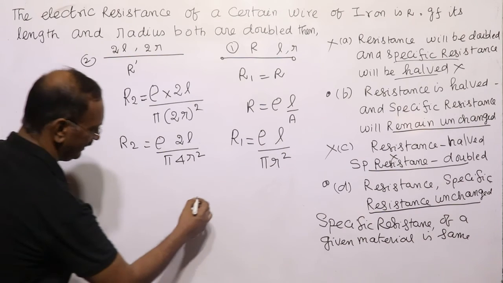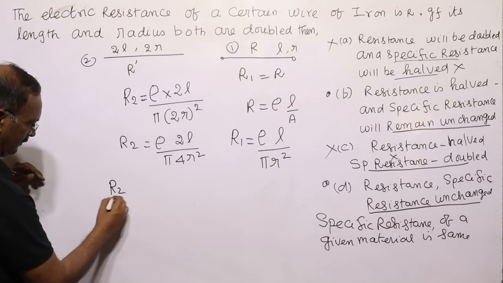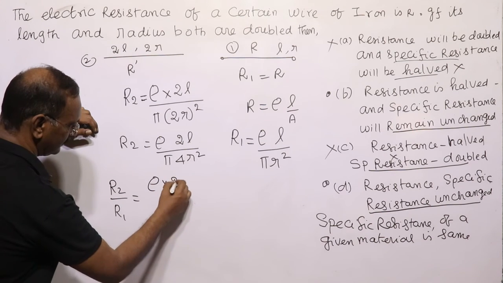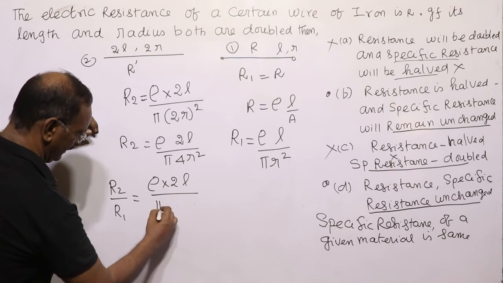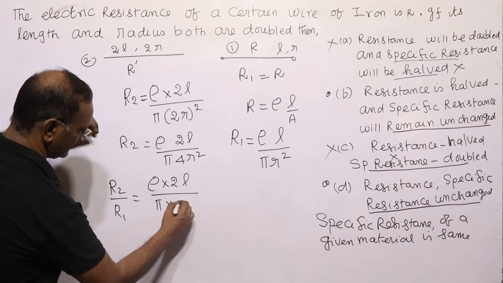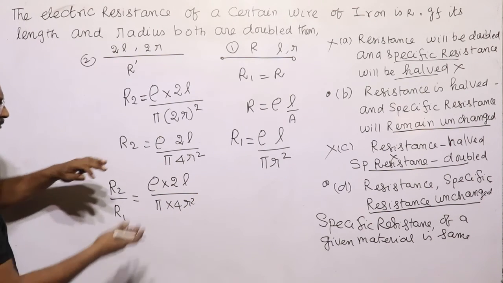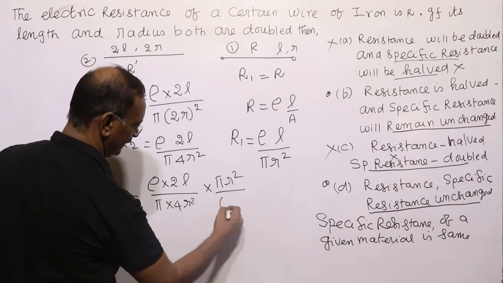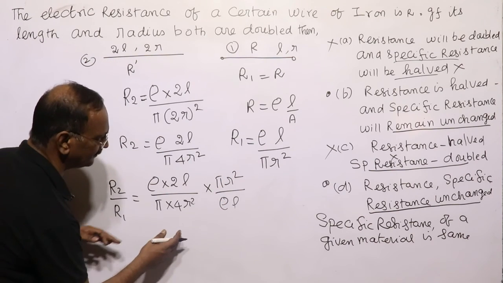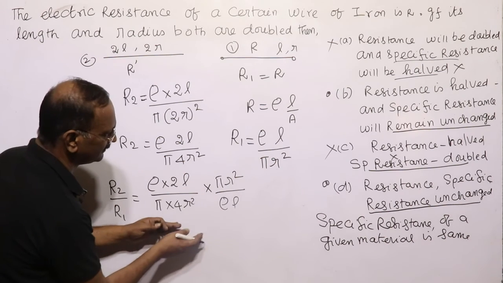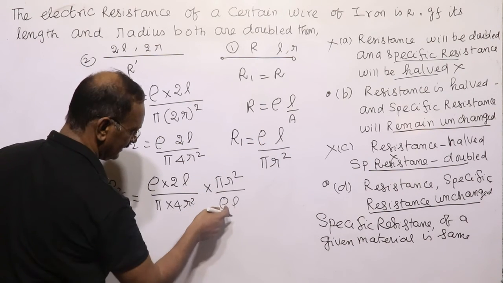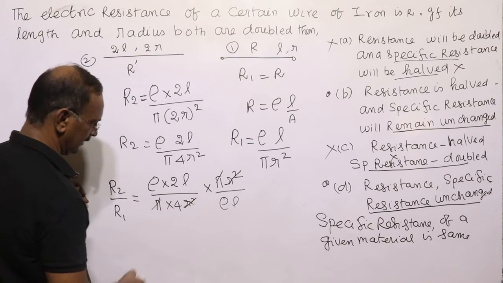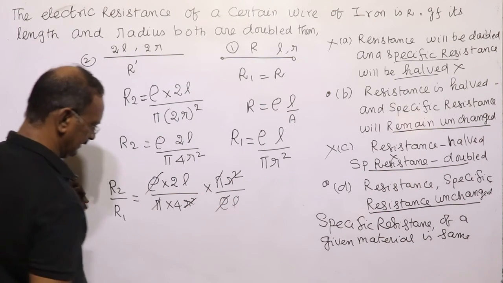Now let us find out R2 by R1. R2 by R1 is equal to rho into 2L divided by pi into 4 R square, divided by, means we will reverse it and write pi R square divided by rho L. Instead of dividing, we take this one as denominator and this as numerator. Pi gets cancelled, R square gets cancelled, rho gets cancelled.